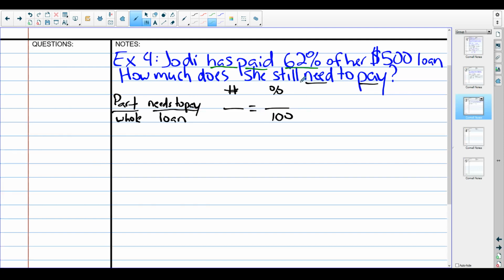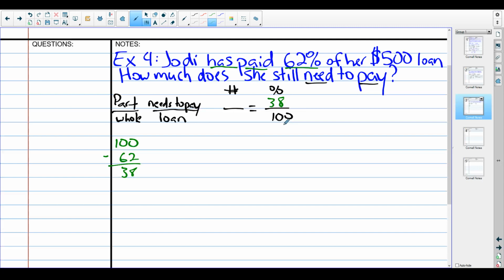So if she needs to pay 100%, how much is there left for her to pay? So what if it was 100% minus 62? This is what she has paid, which leaves behind 38% that she still needs to pay. And since that's what we care about, we can put that up here.